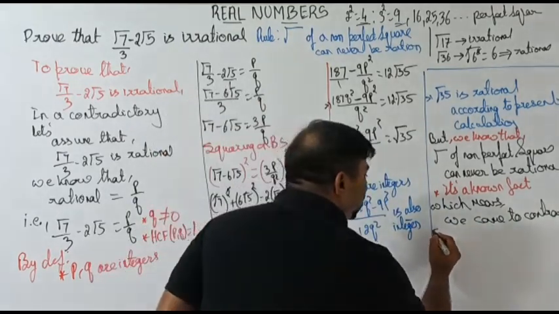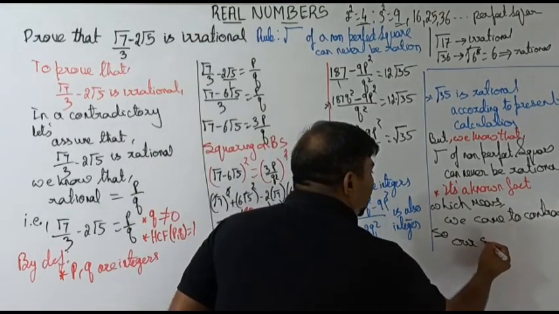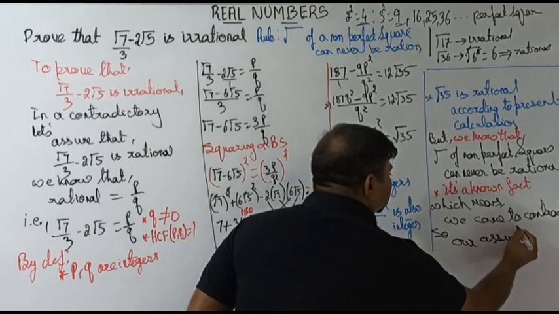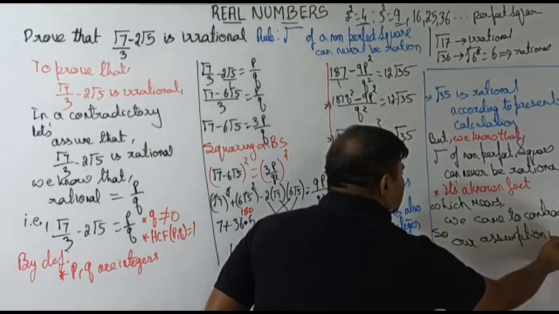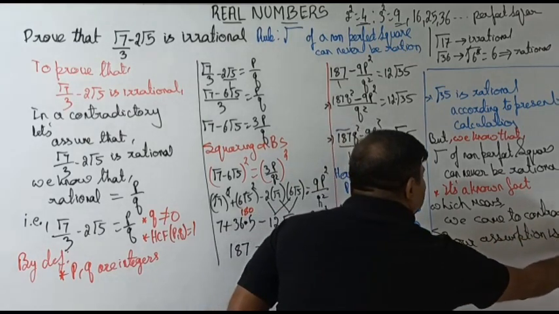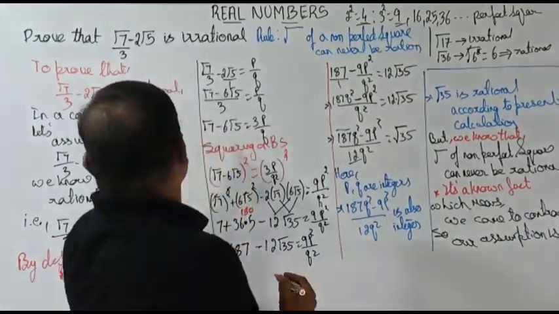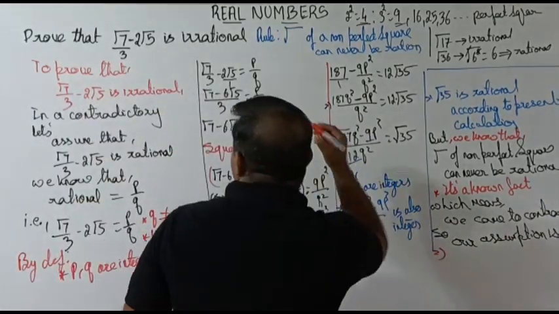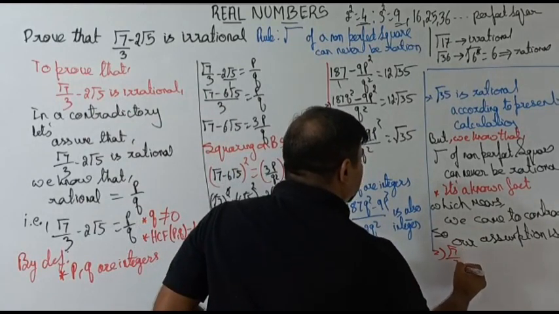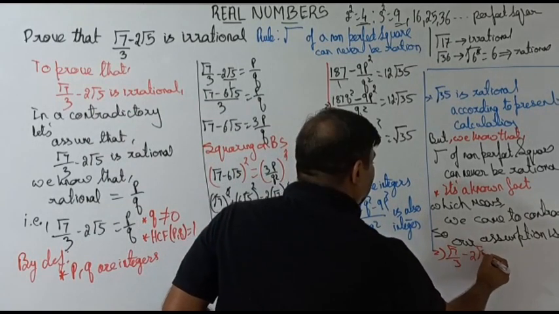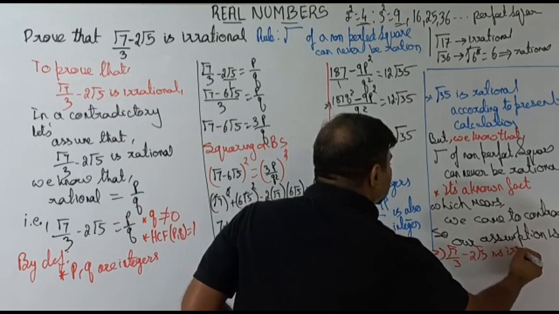So our assumption is wrong. We made a wrong assumption. As the assumption is wrong, what do we write? Which implies root 7 by 3 minus 2 root 5 is irrational.